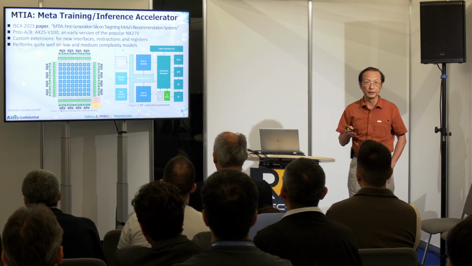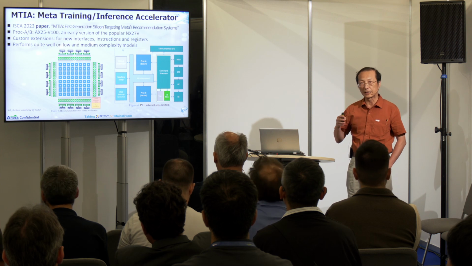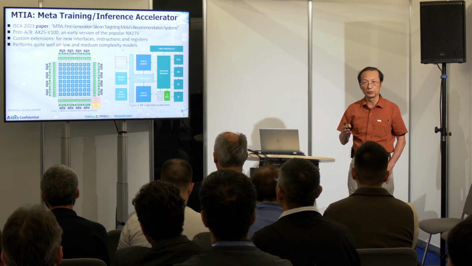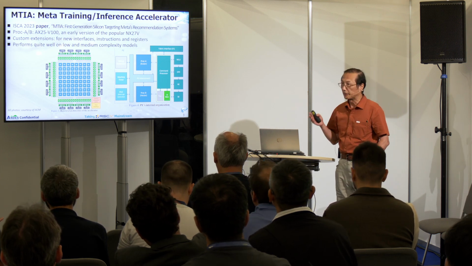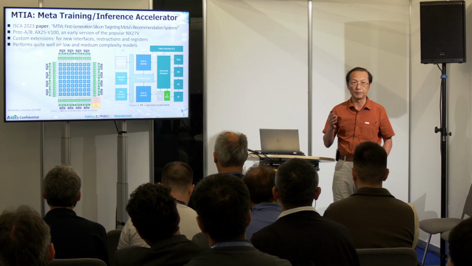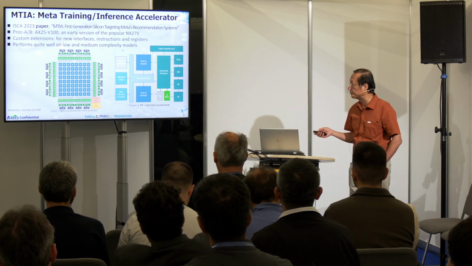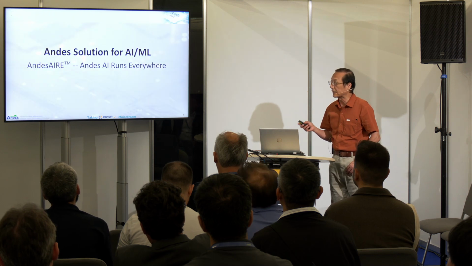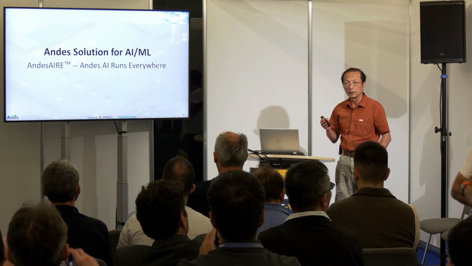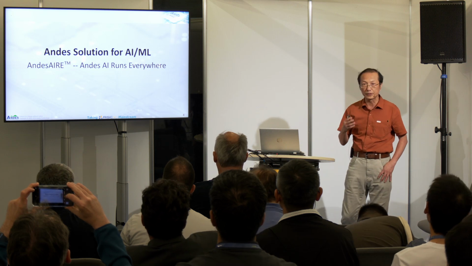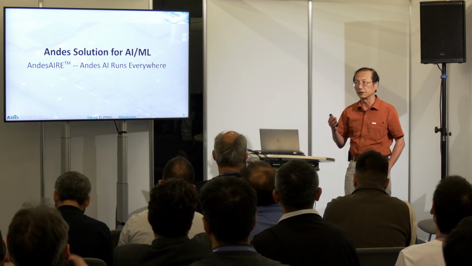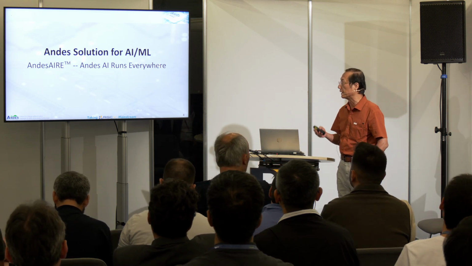And this year in April, there's another generation also disclosed by Meta, which runs a better performance and less power consumption. So with that, I'd like to tell what Andes RISC-V processor can be used in AI and ML application.